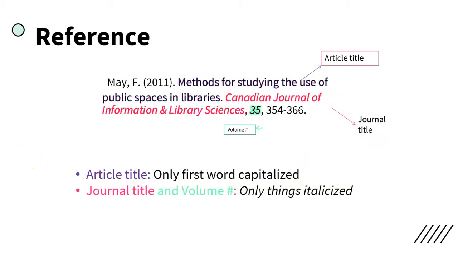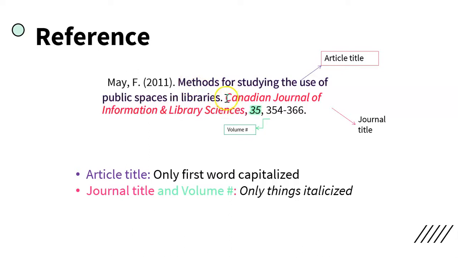Now, a few other things that you struggled with last time that I want to go over. This is APA citations. A lot of you missed points because of your article title in your APA. Remember that only the first word is capitalized, okay? Only the first word, see here?